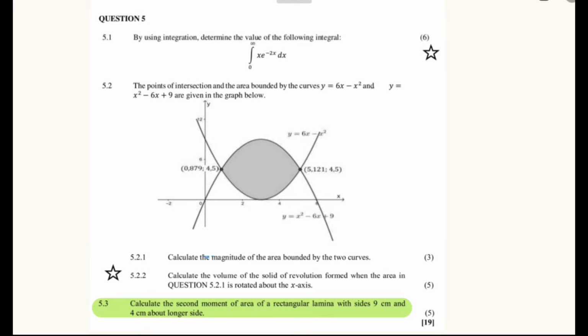Question 5.3, we calculate the second moment of area of a rectangular lamina with sides 9 centimeters and 4 centimeters about the longer side, and about the longer side being our keyword.